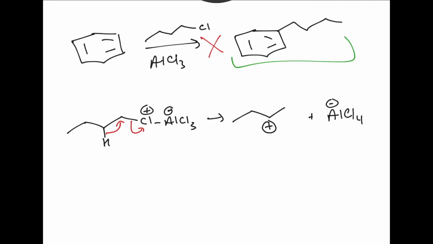You wanted butyl benzene, but instead you ended up with sec-butyl benzene, because you didn't ever get to make that primary carbocation. So if you use a primary halide, it's always going to rearrange to make at least a secondary carbocation.